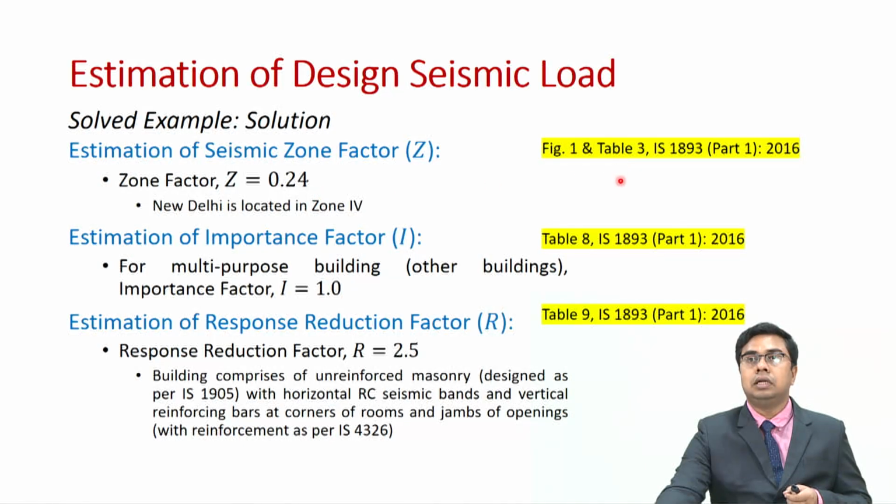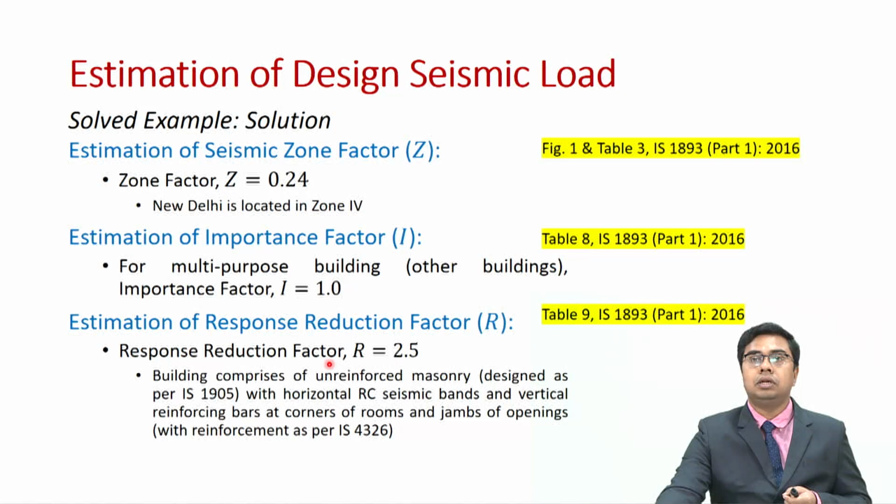Here I have given different tables and figure references for different factors, so you can look into the same. Then for multi-purpose building, as in our case, the importance factor is equal to 1. Then the response reduction factor is found to be 2.5.